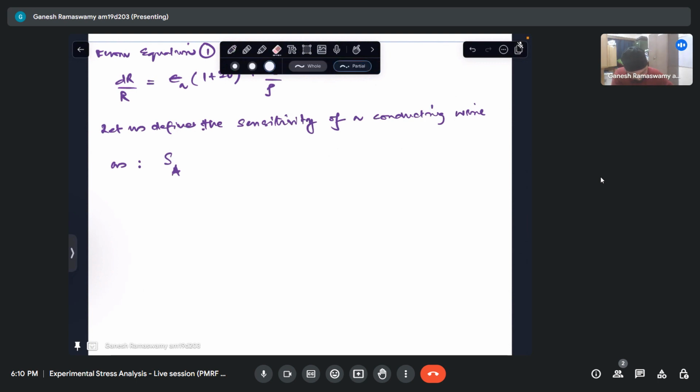Presently, we are talking about a conductor, so this capital A is given by the change in resistance to the change in the length, so to speak.